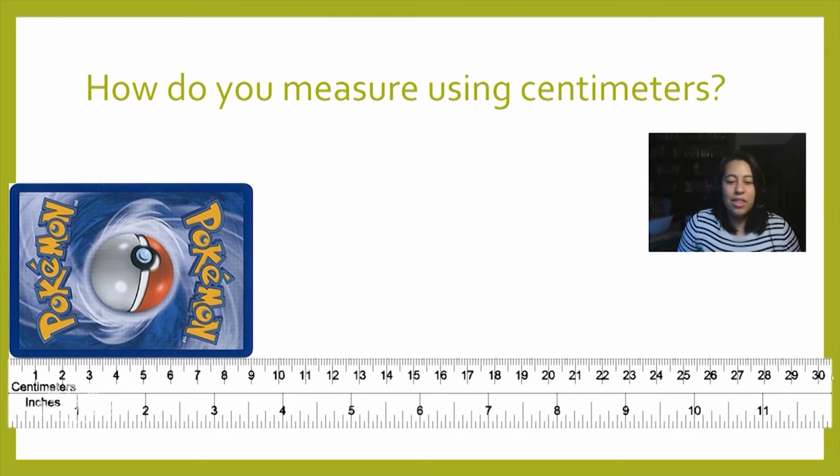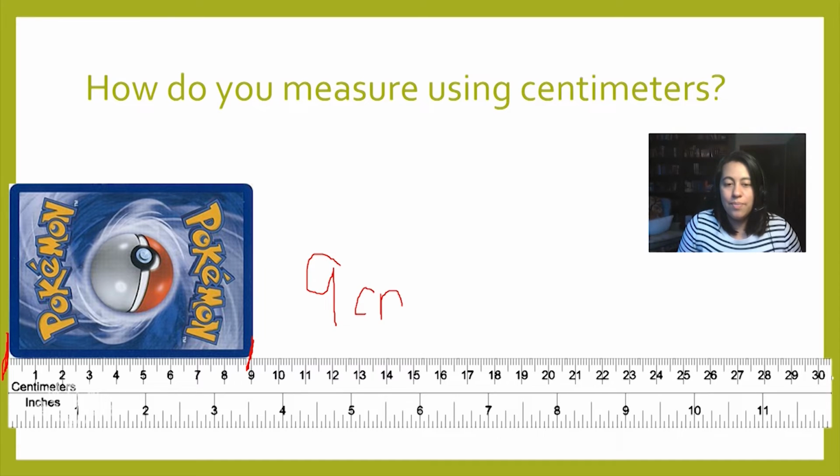So when I look at my ruler now and my Pokemon card, the end is at my 0, so where the centimeter count starts, and the other end looks like it's right around 9 centimeters. So I would say that this card is 9 centimeters long.